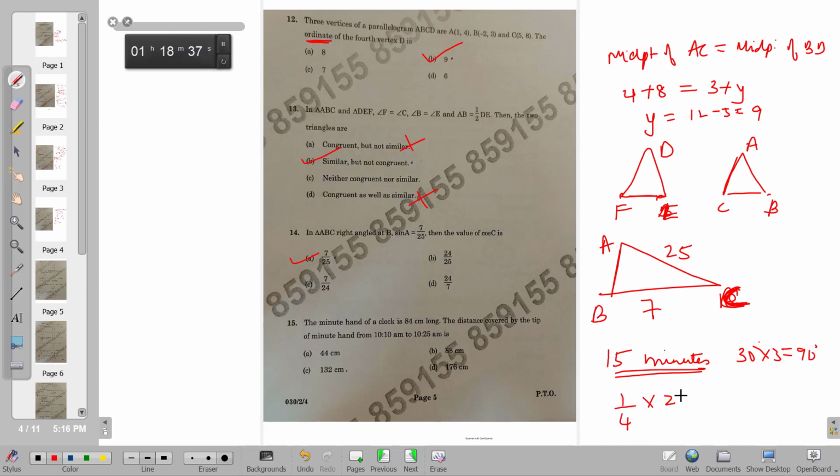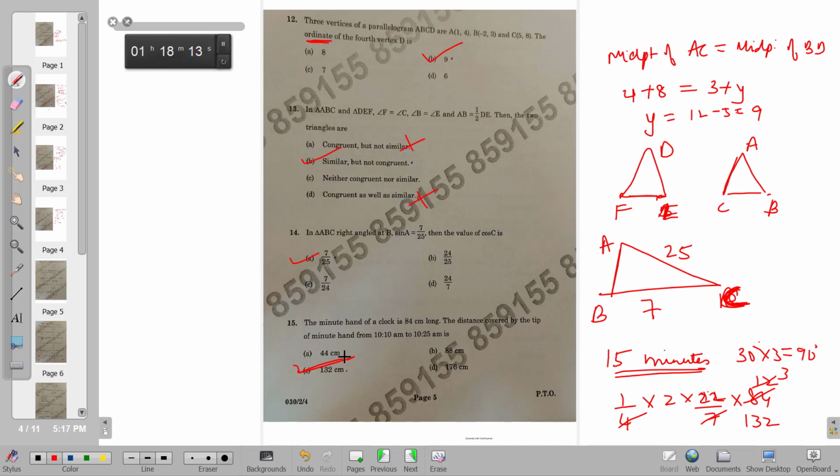We want to find 1 by 4 into 2 pi r, which is 2 into 22 by 7 into 84. We have 6 times 22, which is 132. The answer for the 15th one becomes option C, which is 132.